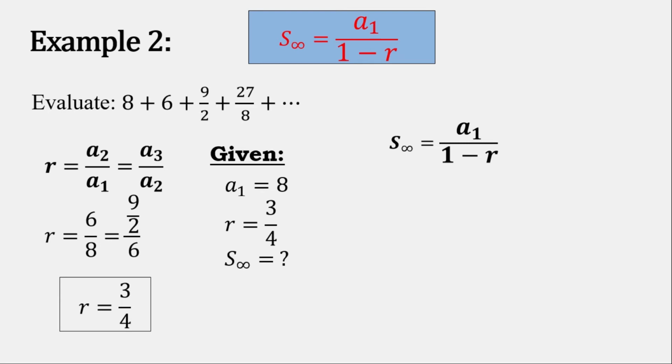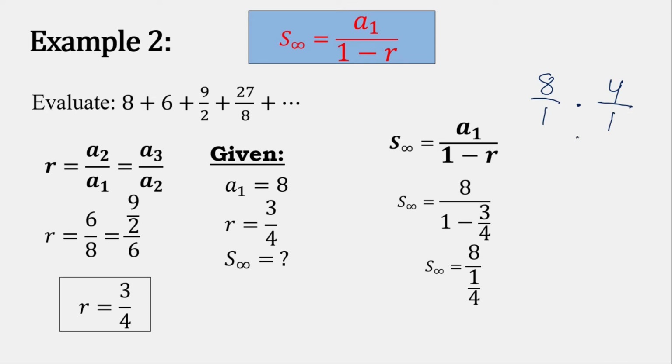Again, let's substitute the values: 8 for a sub 1, and 3/4 for r. Then 1 minus 3/4 is 1/4. To answer this, we use 8 over 1 multiplied by 4 over 1. That gives us a sum of 32.